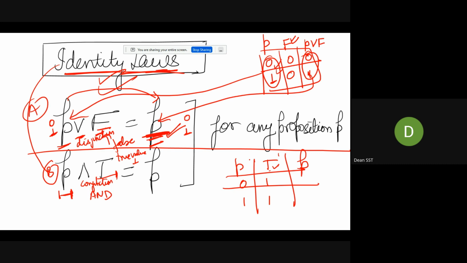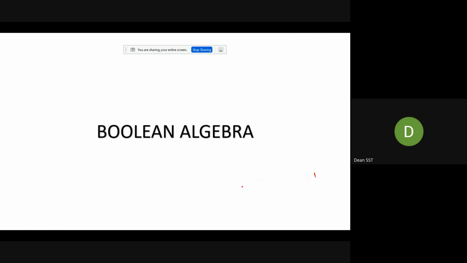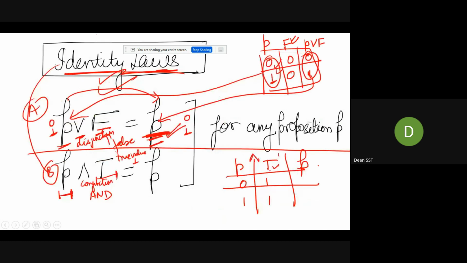And here what are we performing? We are performing conjunction. 0 and 1 will give result 0. And 1 and 1 will give result 1. So see, when input is 0, output is 0. When input is 1, output is 1.